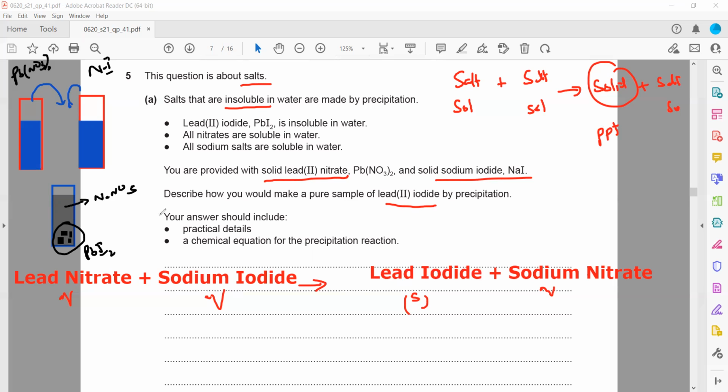So what will be the steps? As I mentioned, we'll add water to each salt, make a solution, then mix them together. It will form a precipitate. We will filter and then wash and dry the residue.